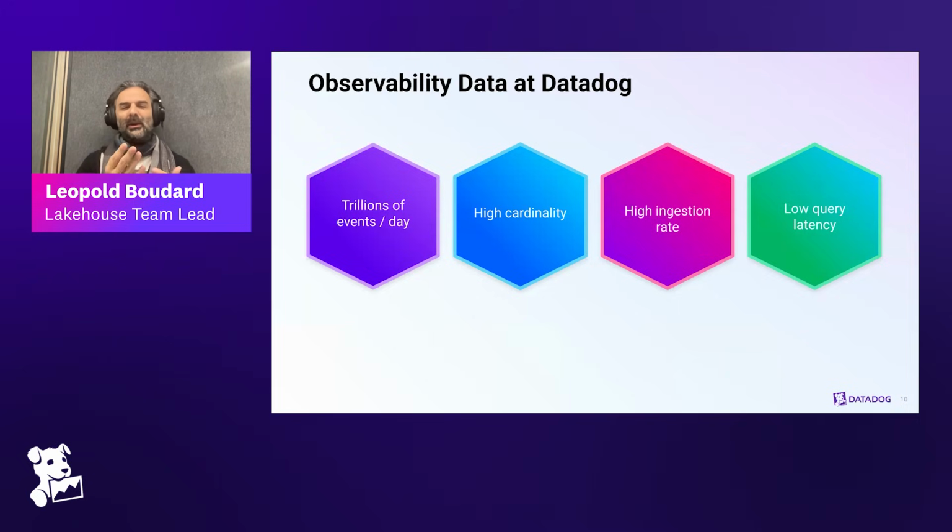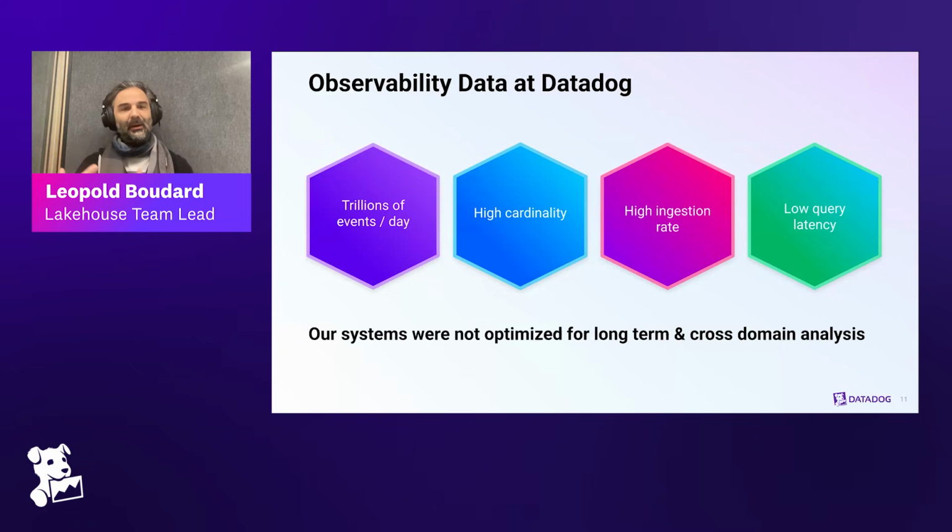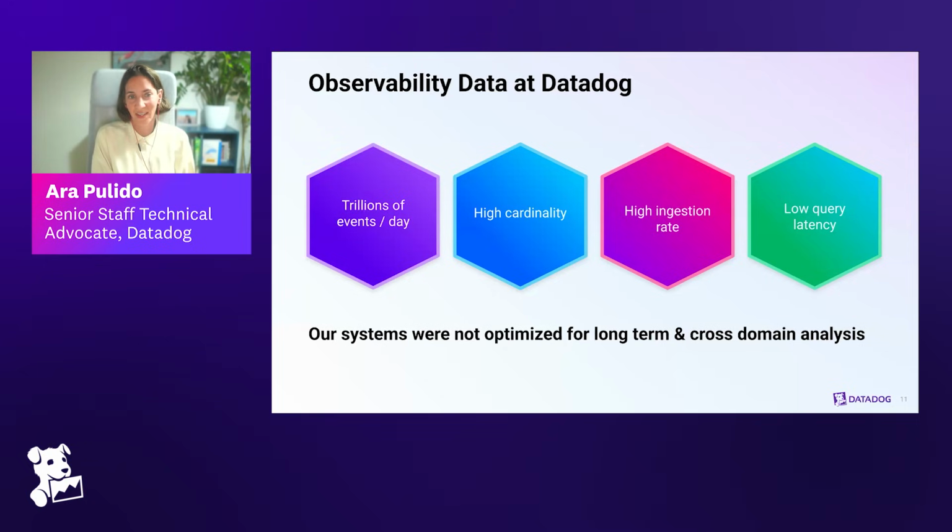So all in all, those are very specific constraints where Iceberg doesn't really match those requirements. But on the other hand, we could find some benefit of using Iceberg in other use cases, as we will see. Our systems were definitely focused on this specific use case, and not so much the long-term analytical data that Iceberg is helping with.